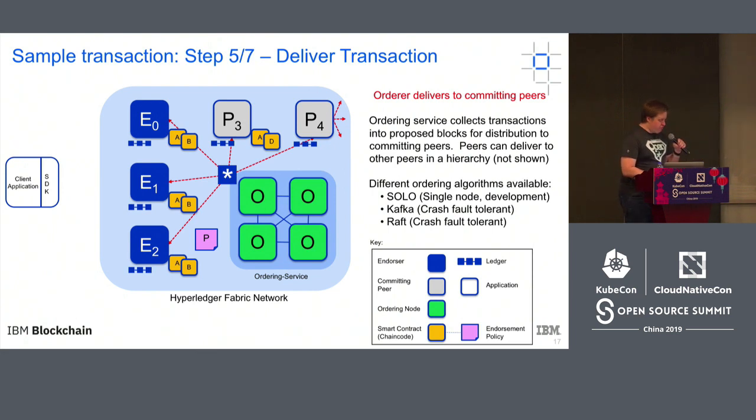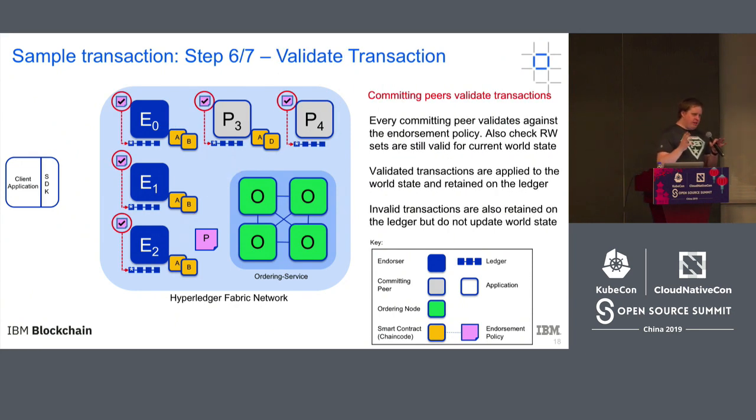So the orderer creates the new block and distributes it to all of the peers because they all have to have it. The peers take the block and go through all of the transactions in the block and validate the read sets and the write sets so that none of the changes in the block conflict.